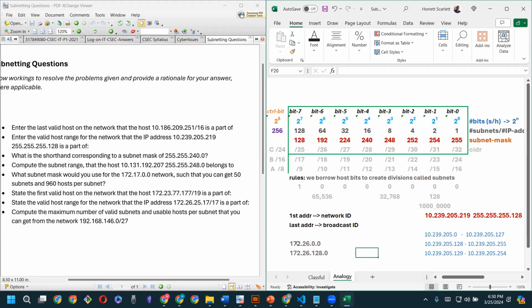So this is the starting of one, and this is the starting of the other one. So far, are we good? Yes, sir. So if this is the starting of the other one, then where does the first one end?